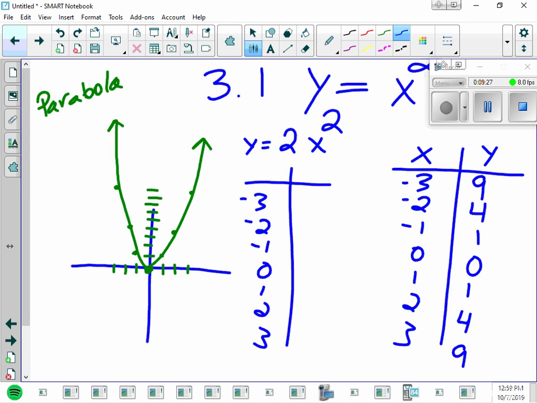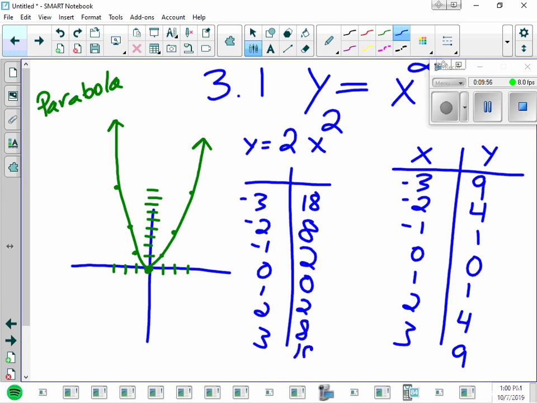So -3 squared is 9, and then I take 9 and multiply it by 2, and I get 18. Okay. And then -2 will give me what? 4, which then gets turned into 8. And the next one would be 1 multiplied by 2 is 2. And then, of course, the other side is exactly the same.